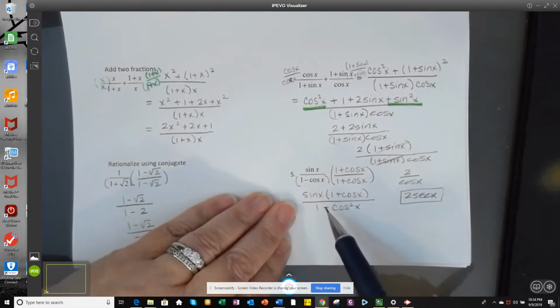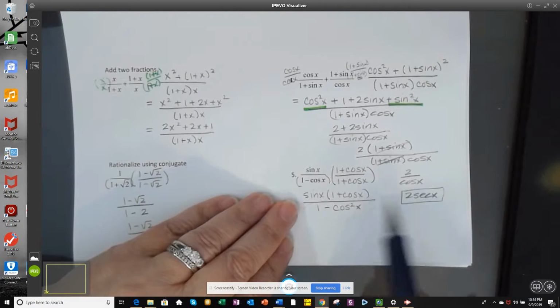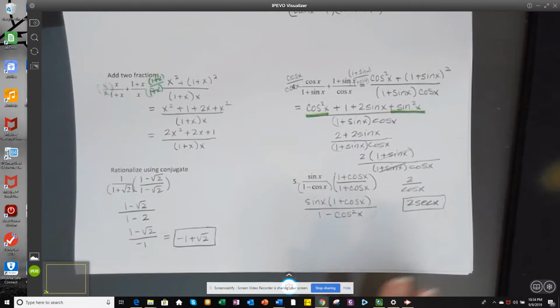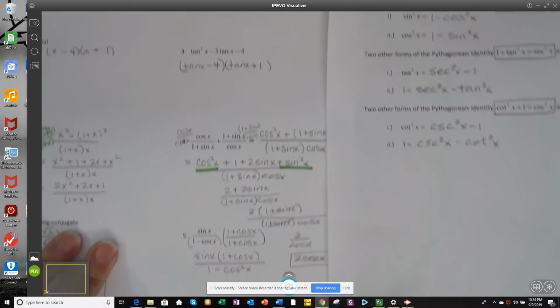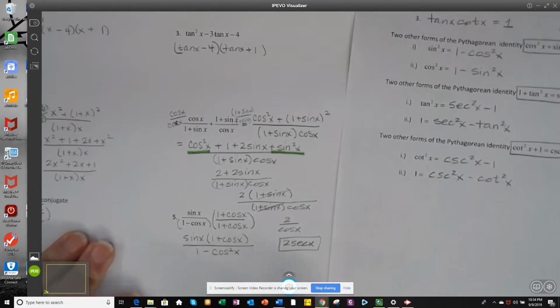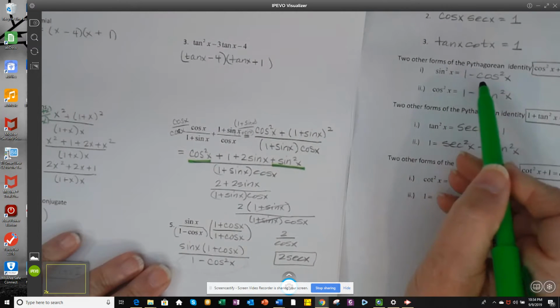Now, this last one right here, I have sine x times 1 plus cosine x, and I have in the denominator 1 minus cosine squared x. Well, where have I seen this before? Well, if I took the big one and I solved it for sine squared, I see that sine squared x equals 1 minus cosine squared x.